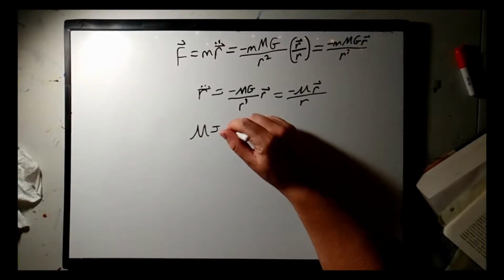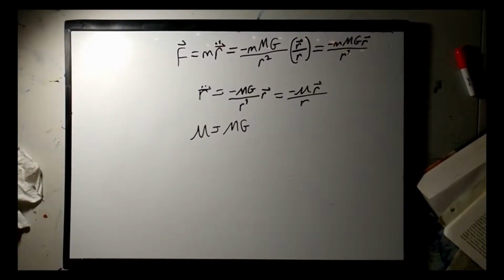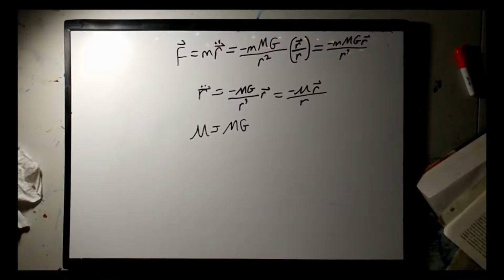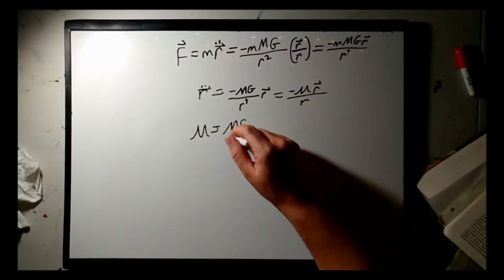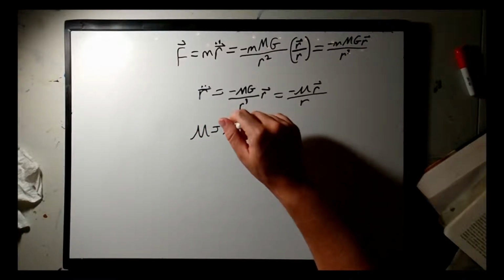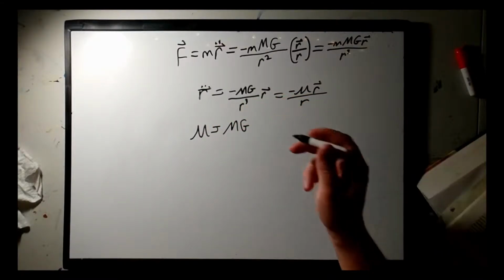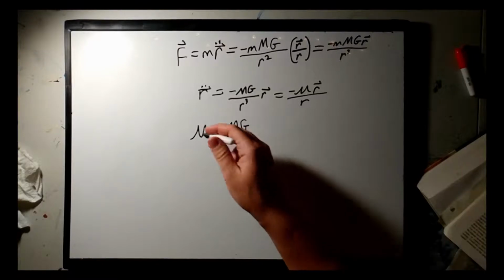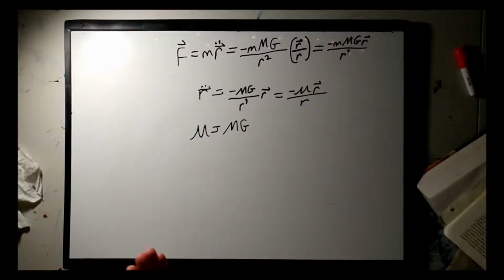Now you can replace this mass of the Earth with any mass, such as the Sun, Mars, Venus, Moon, etc. And the reason we do this is so we don't have to write out this all the time. We don't want to have to write out the mass of the Earth and the gravitational parameter when we're doing math, because being that these are constant, mu is constant, so we can use one number instead of two.